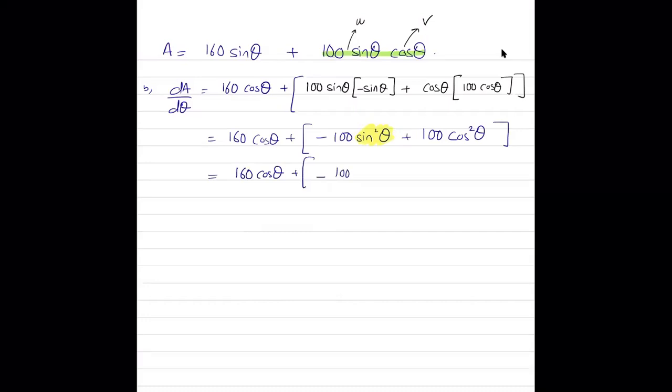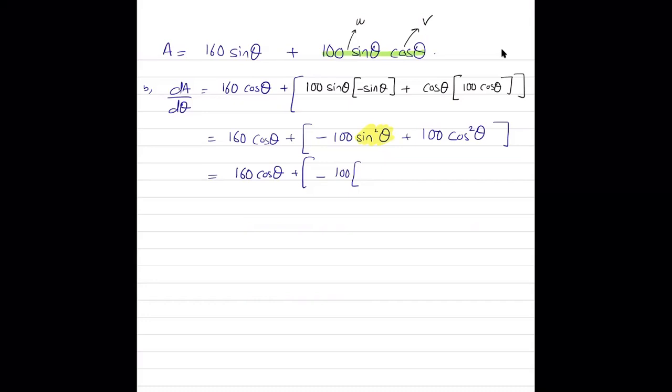How can I replace sine square theta with cos square theta? Anyone? What was the identity? Sir, but wouldn't there be a one? Sorry, cos square? I'm not able to hear you. Can you repeat that? Saying when we're replacing it with cos square theta, it's also going to have a one, right?